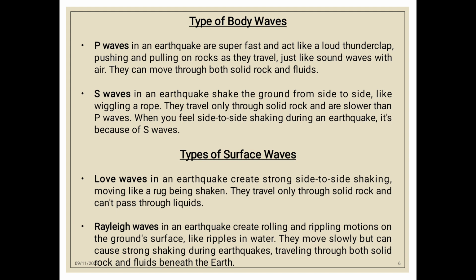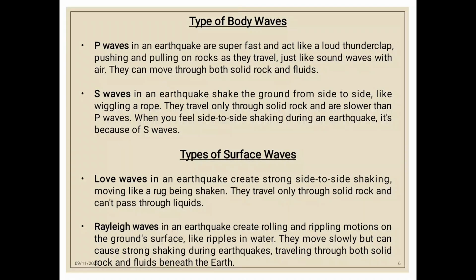Types of surface waves. Love waves in an earthquake create strong side to side shaking, moving like a rug being shaken. They travel only through solid rock and can't pass through liquids. Rayleigh waves in an earthquake create rolling and rippling motions on the ground surface like ripples in water.